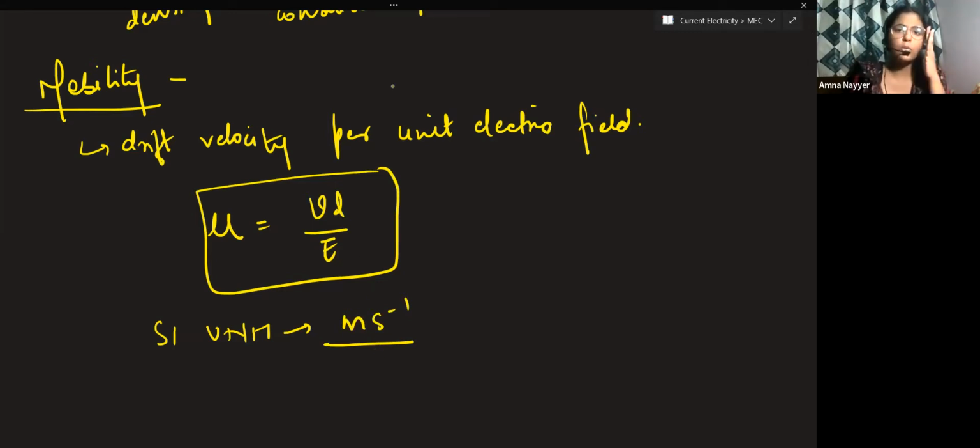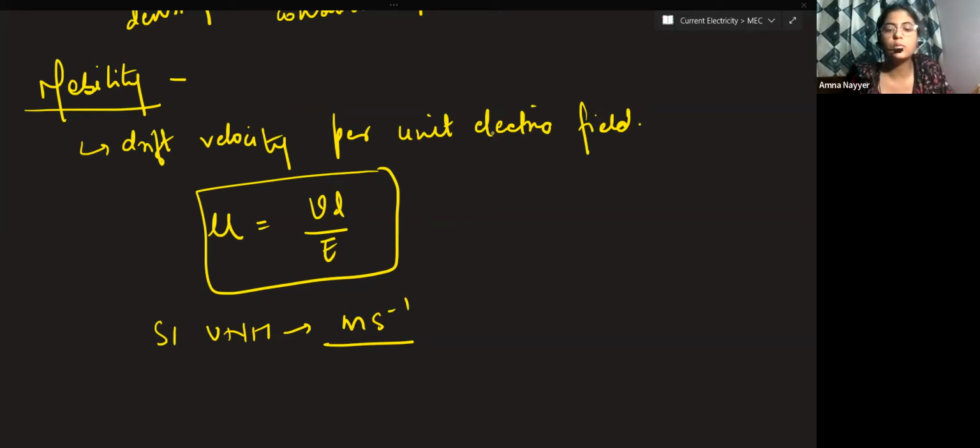What all you have written is also right. But not only coulomb per second. If you're writing in terms of coulomb, then Newton will also come, because electric field's SI unit is Newton per coulomb. Let's write it in terms of volt.